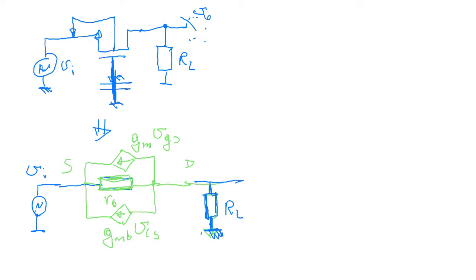Now we know that the input is minus VGS. VG is 0 and VS is VI. So VGS is minus VI, and then this is also equal to minus VBS.